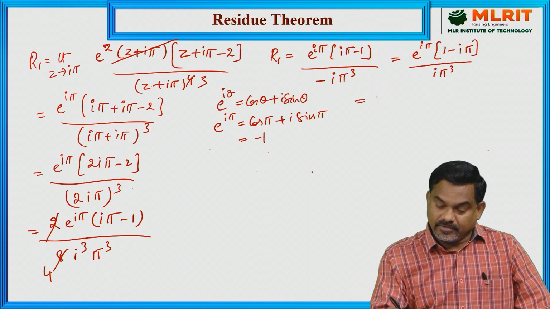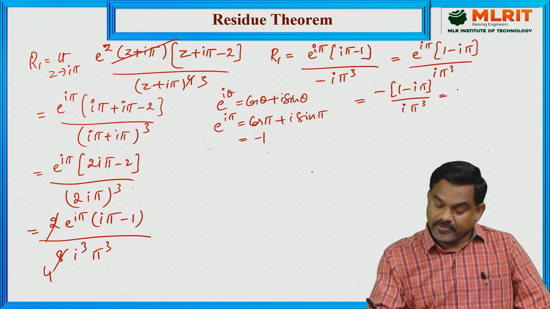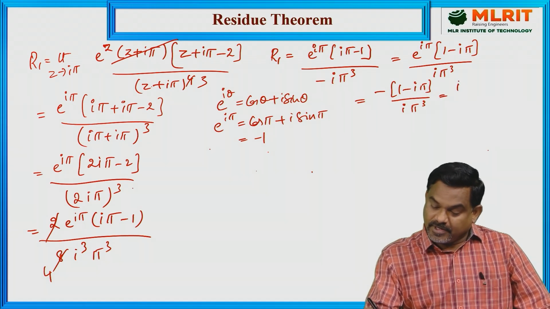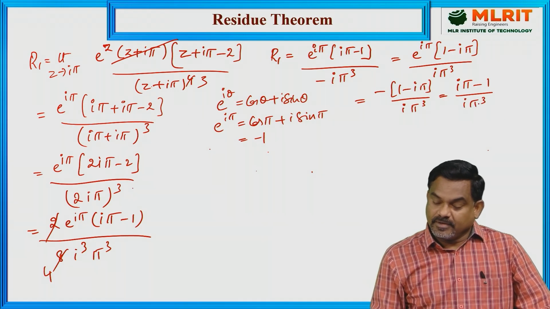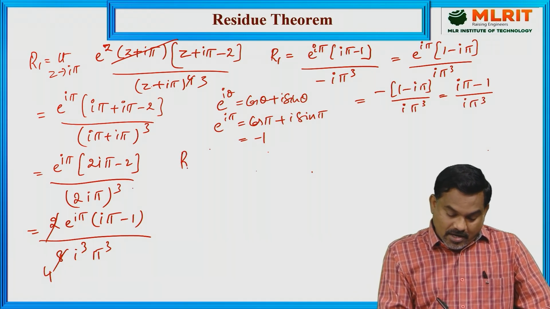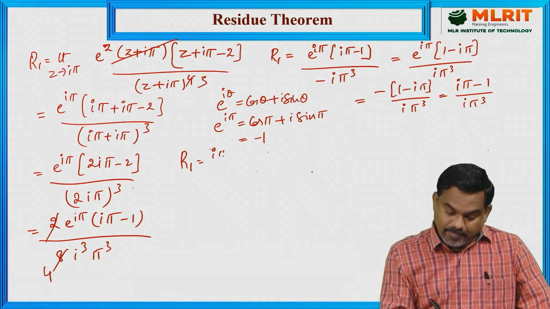Therefore, this is minus 1 into (1 minus iπ) by iπ cube. So if you multiply with the minus sign, R1 is (iπ minus 1) by iπ cube.